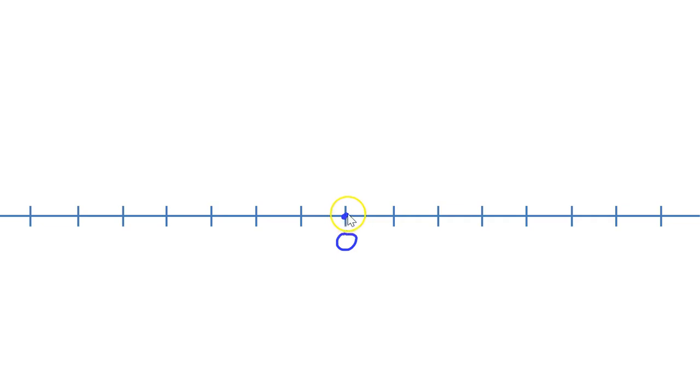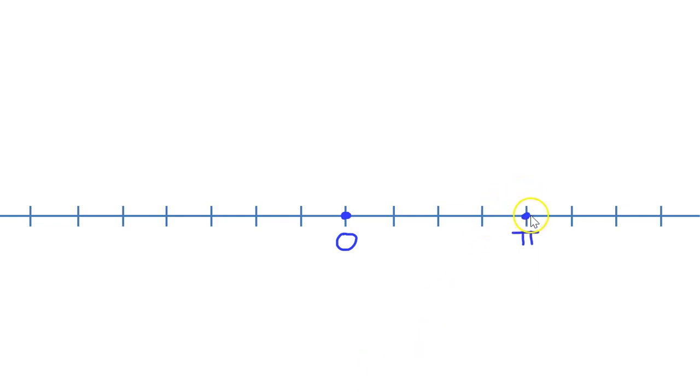I'm going to let each one of these marks represent 1/4 of a period. So if I go out 1, 2, 3, 4, this should be a full period, which in this case is pi.